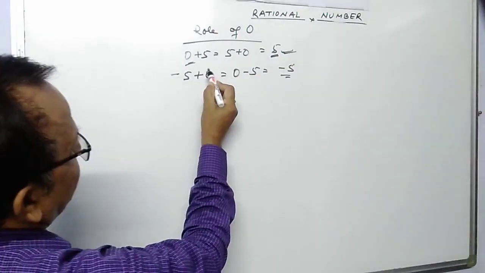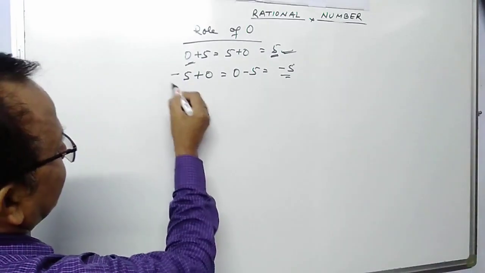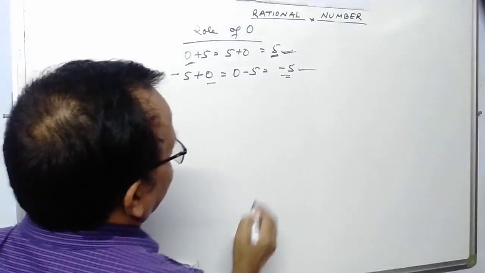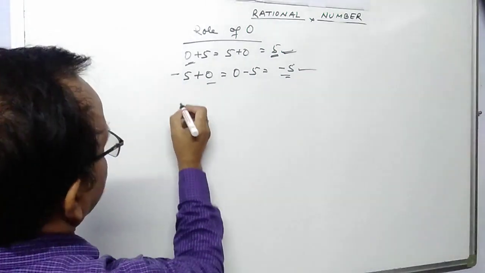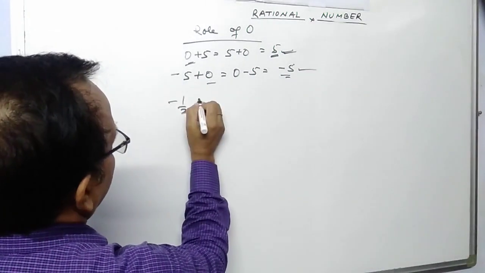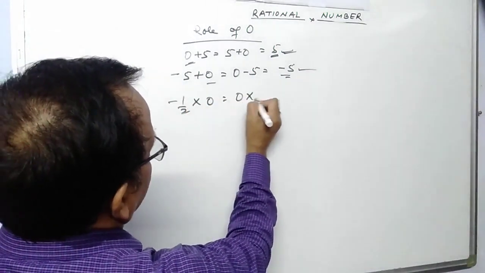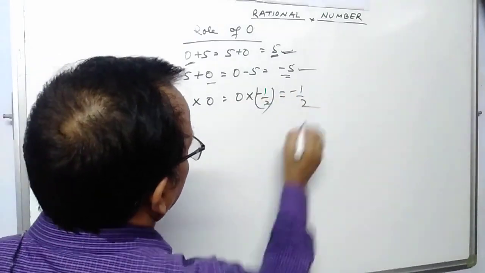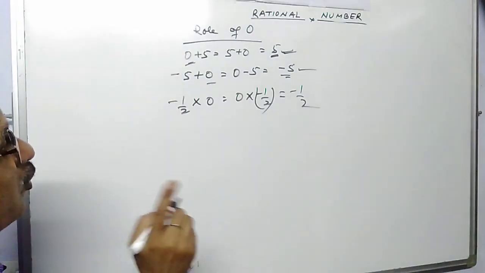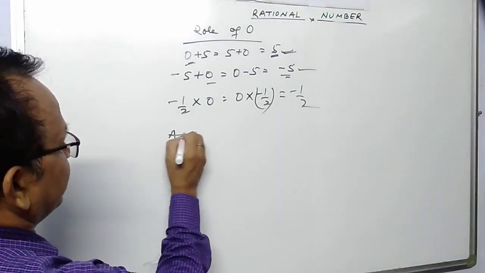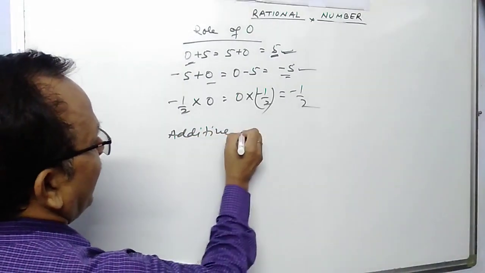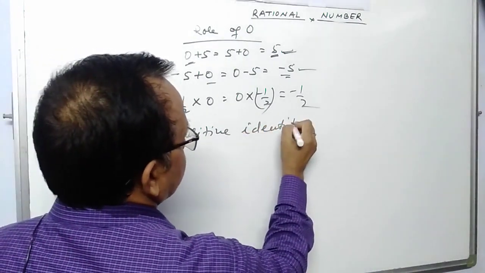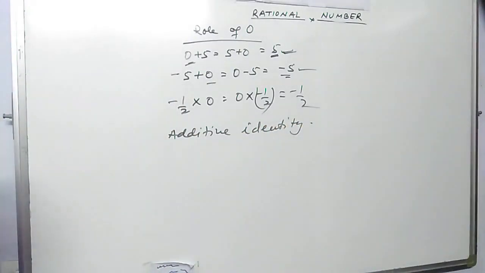That is, when we add any integer to 0, we are getting the same integer. Again, for rational numbers, suppose minus 1 by 2 plus 0 is equal to 0 plus minus 1 by 2. In both cases we are getting how much? Minus 1 by 2. So 0 is called the additive identity.